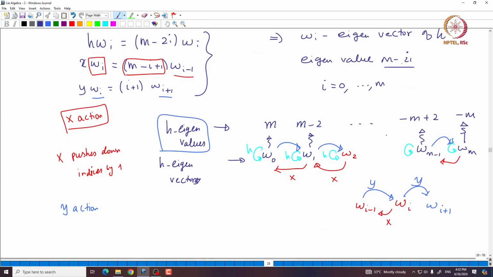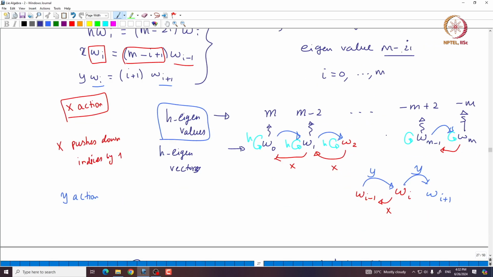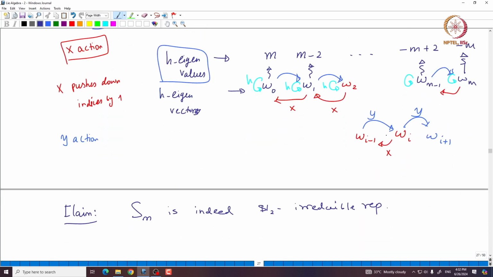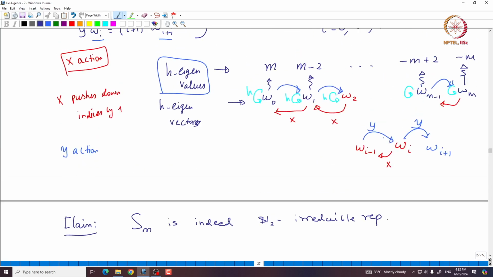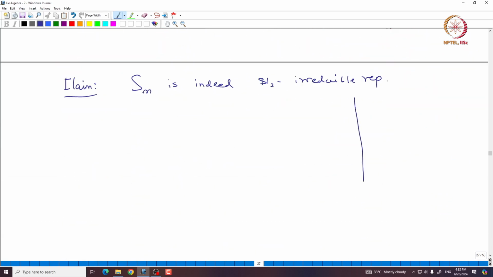First, let us define some notions. Here it is clear that when you apply X to w_0, it is killed. Note that H w_0 is given by m w_0, and X w_0 is killed.